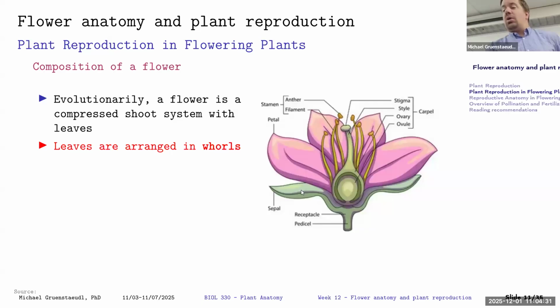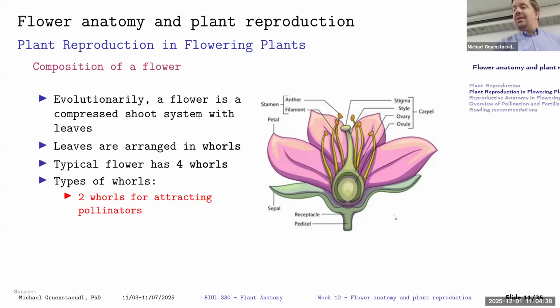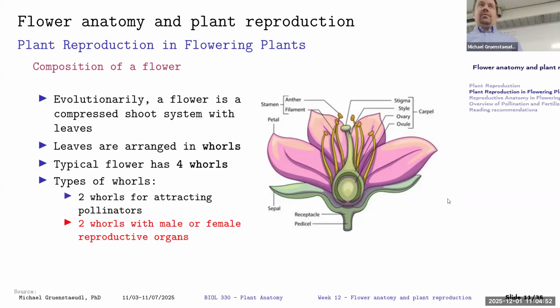We have a base whorl consisting typically of the sepals, then another whorl consisting of the petals. The petals are typically the ones that are attractive and shiny, so that pollinators are attracted. And then we have two central whorls that are the male and female reproductive organs, or said differently, the gametophytic stage.